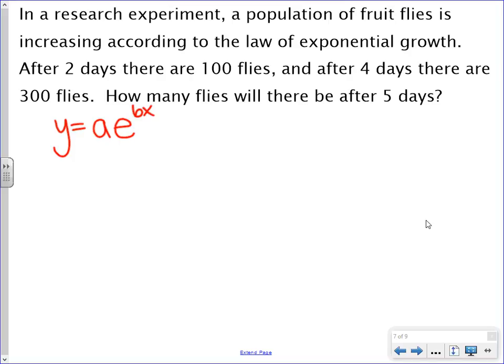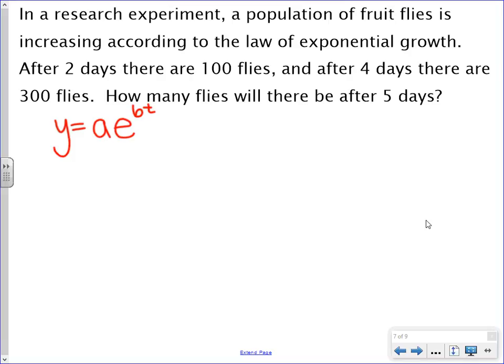We can write that, right? Okay. Since we were talking about days, I'm going to go ahead and change x to be t. T for time, since we're talking about days.